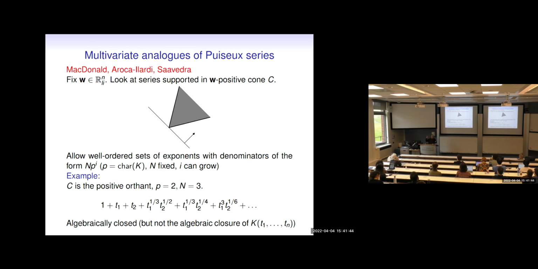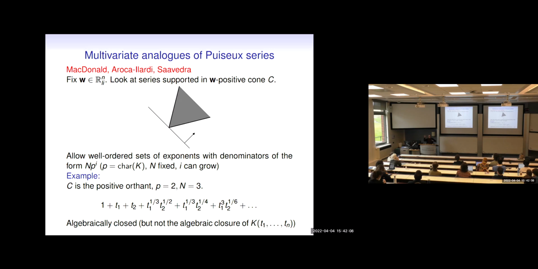Instead of in R, they're now in R2. We plot those, and they should live inside a rational cone that is on the correct side with respect to this vector W. And this technical condition means the coordinates of W should be linearly independent over the rationals for this to work.